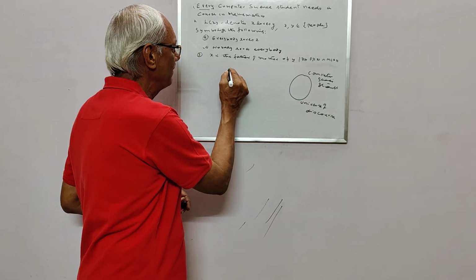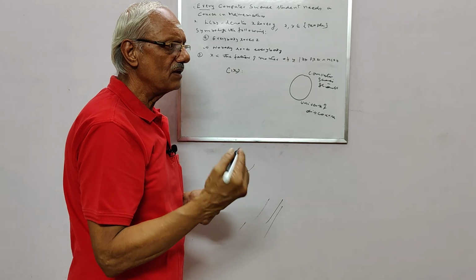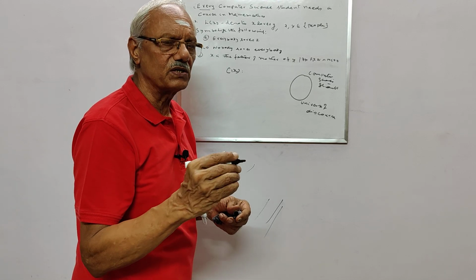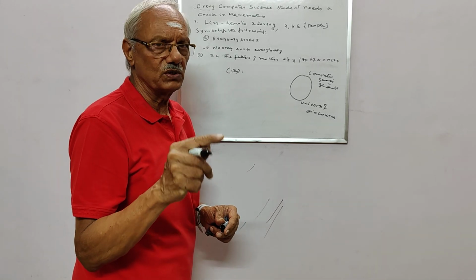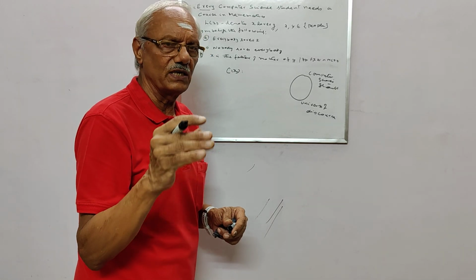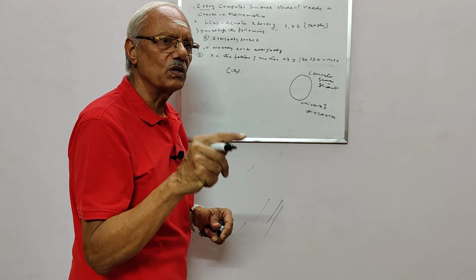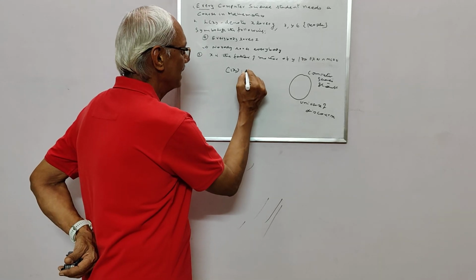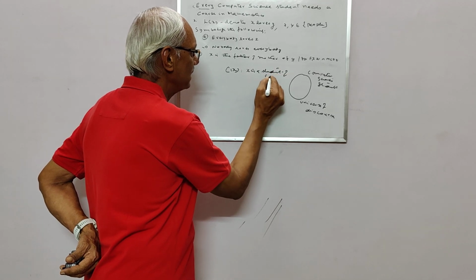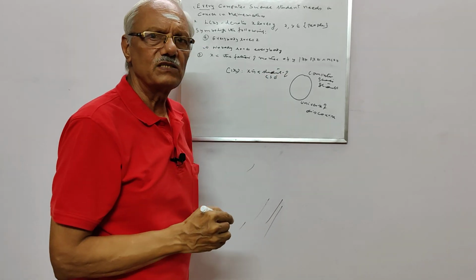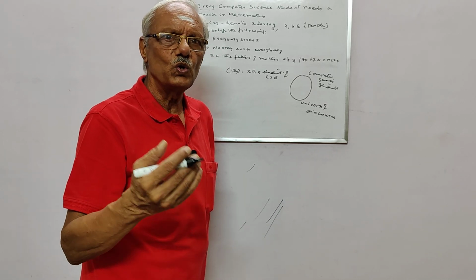So I'll write C of x. C of x means C refers to computer science, and x refers to a student of computer science engineering, let us take. So x is a student of CSE, computer science engineering, or even for MCA and BCA you have this subject.